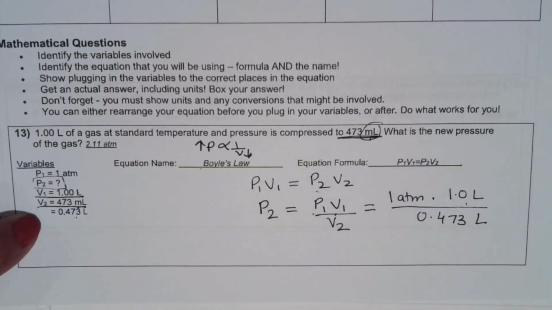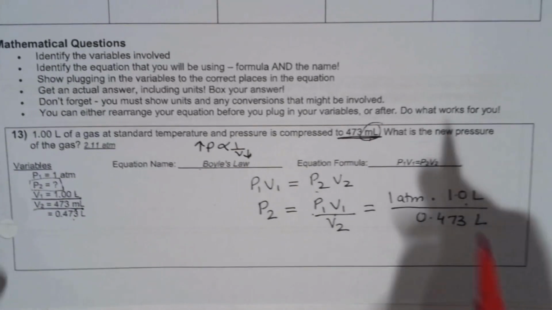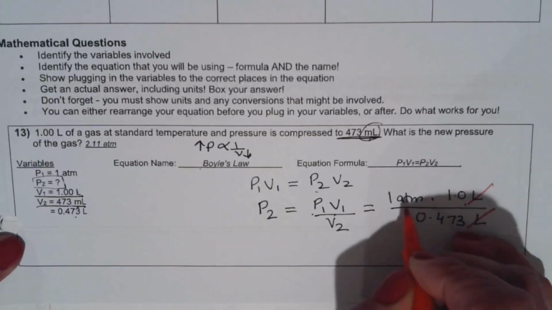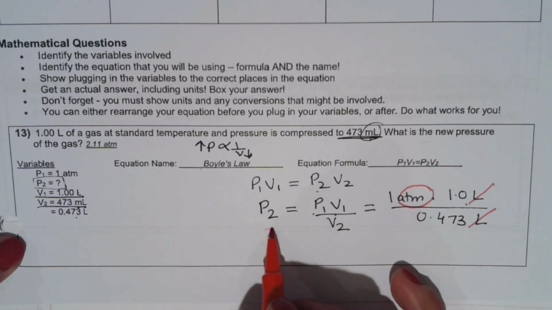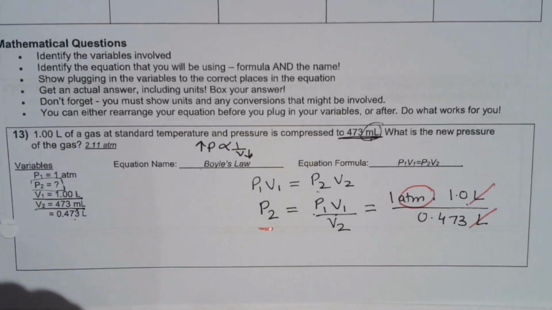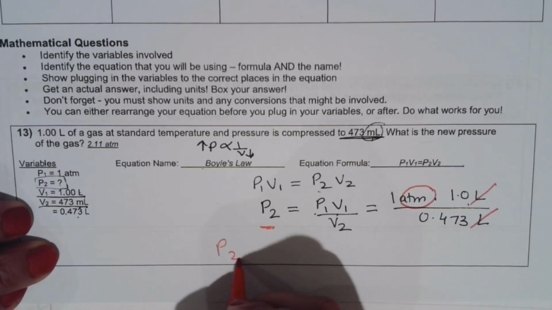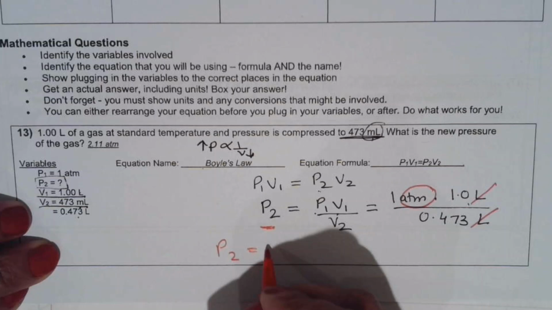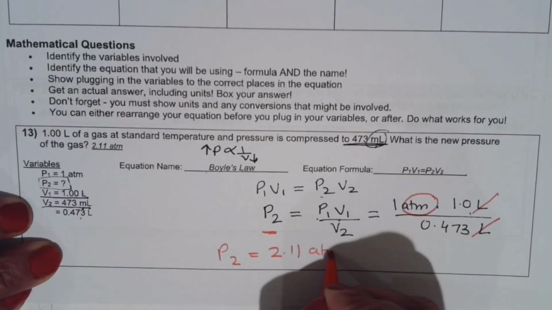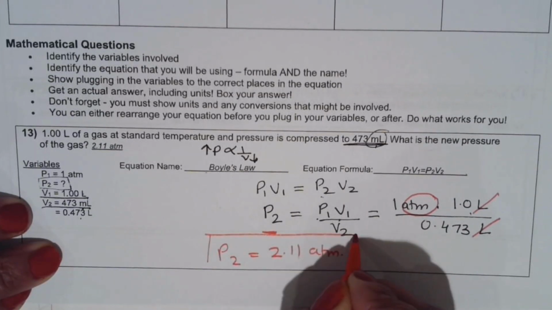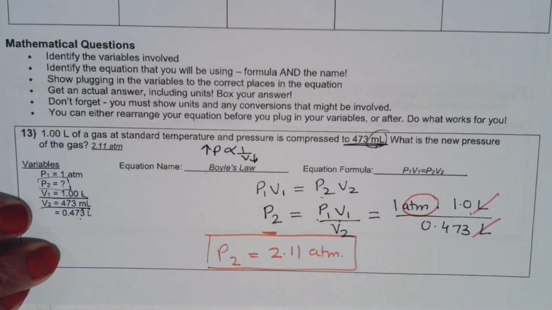Now you can see liters and liters cancel out, and you will get your answer in atm, which is the unit of pressure. Okay? So now if you solve, you get P2 is equal to 2.11 atm. So this is your answer.